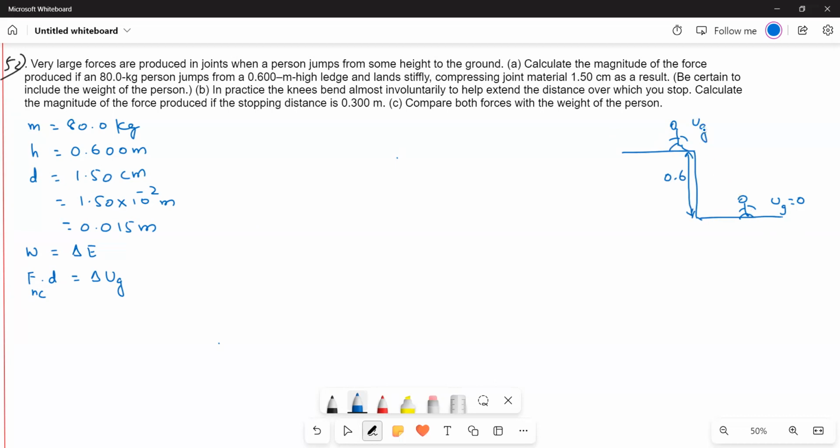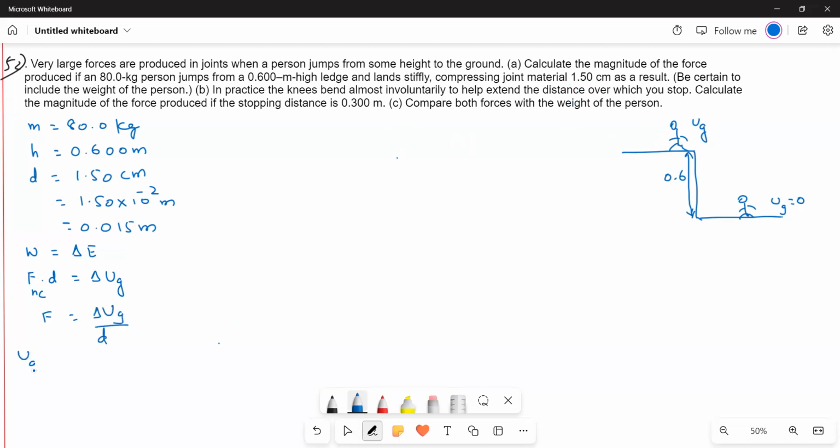And then the downward direction is negative. And here again, we will take compression as negative. So the negatives cancel off, and you are left with work and the change in gravitational potential energy. Therefore, F is equal to delta UG divided by D.